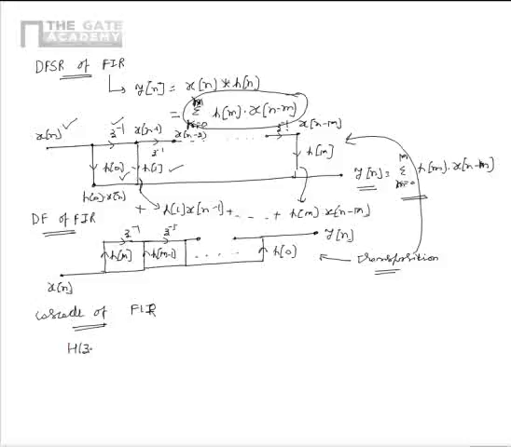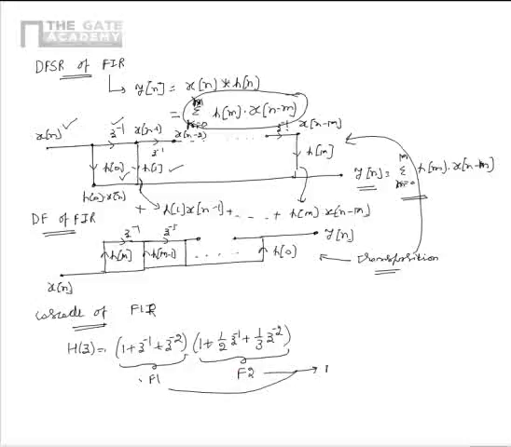Let us consider h of z, which can be written as 1 plus z inverse plus z power minus 2 multiplied by 1 plus half z inverse plus 1 by 3 z power minus 2. From this, we see that the FIR filter can be realized as a cascade connection of two FIR filters, and each of these FIR filters, that is F1 and F2, can be realized through direct form implementation as shown.